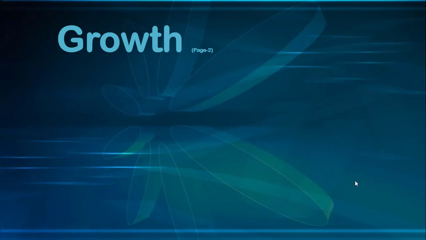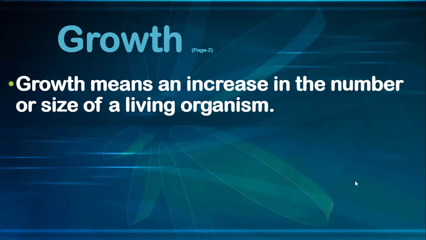Growth is another characteristic of living organisms. A living organism grows in size as well as in number. Growth means an increase in number or size of a living organism. For example, you might have seen that organisms on day one are much smaller, delicate, and incapable of moving.